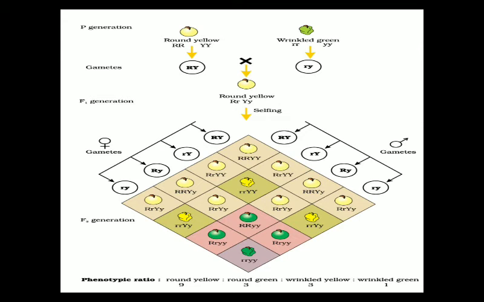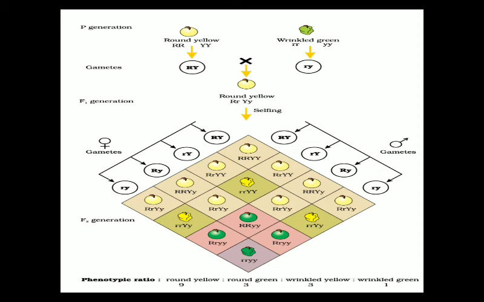Similarly, the next 3 plants produced wrinkled seed but yellow in color. Wrinkled seed is a recessive trait, but yellow seed color is a dominant trait. And one single plant had wrinkled seeds that were also green. So this is the phenotypic ratio in the F2 generation of a dihybrid cross, that is 9 is to 3 is to 3 is to 1.